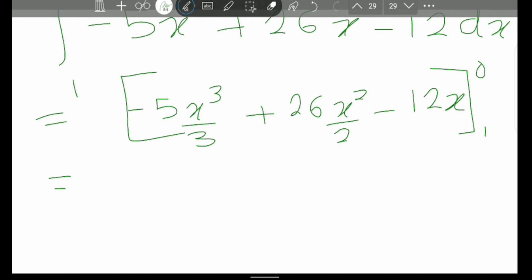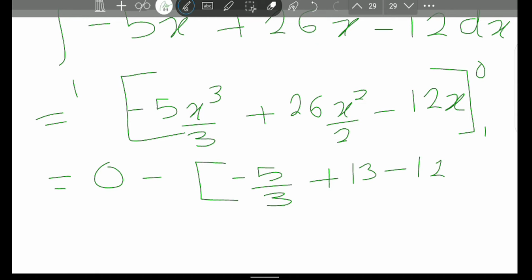Upper limit 0 minus lower limit: minus 5 by 3 plus 13 minus 12.